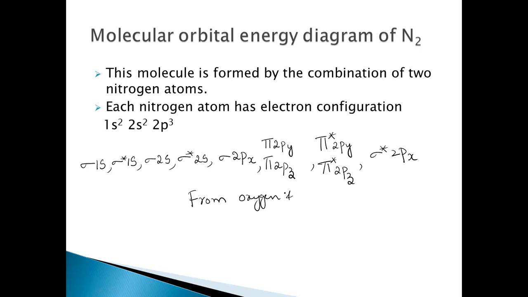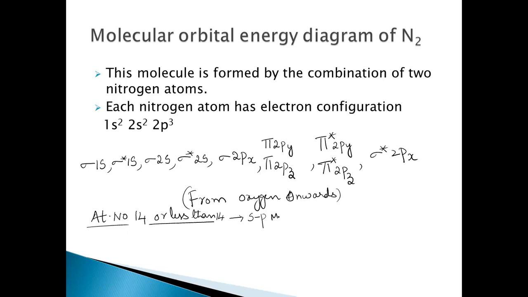Now, when we come to nitrogen, that is, atomic number 14 or less, sp mixing occurs.